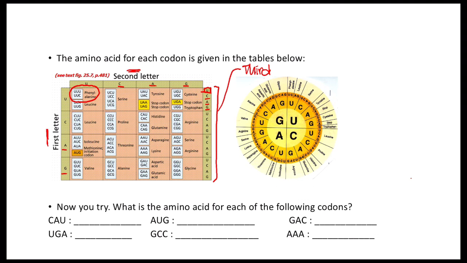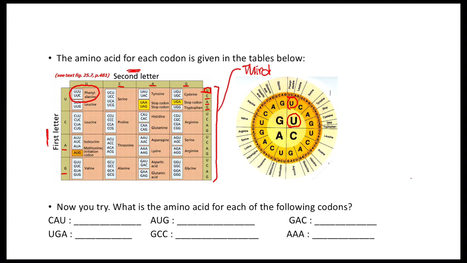The second chart, which a lot of people prefer, is the round chart. The first circle refers to our first letter in the code. The second circle refers to the second letter, and your third refers to the third letter, and you basically work your way out.